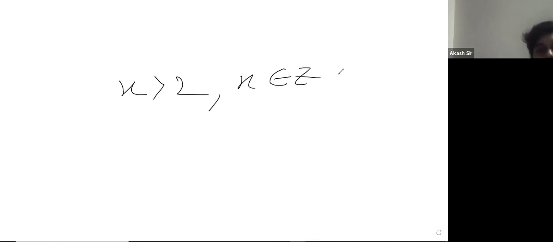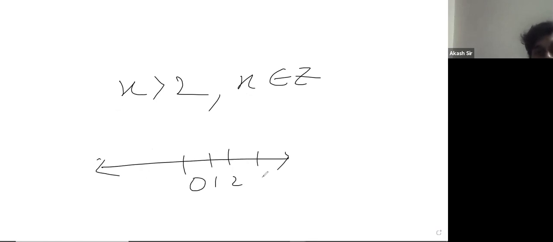There's some other form of this question also. They might ask you x is greater than 2 and x belongs to whole numbers, then show it on the number line. See, x is greater than 2, so we know this line will represent x without 2.